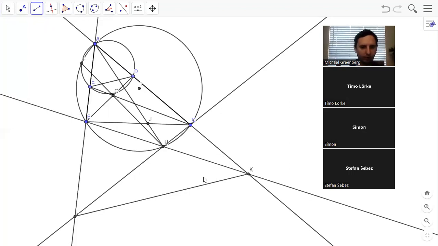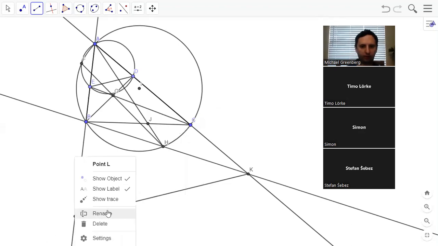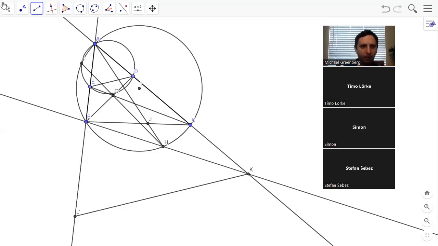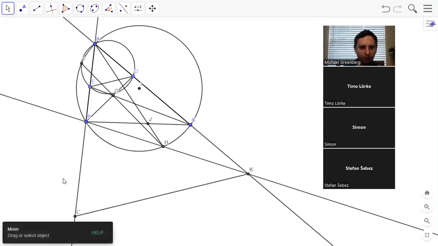So what I was thinking of doing was I would draw the parallel to DE through K, and I would let it intersect this at L prime.